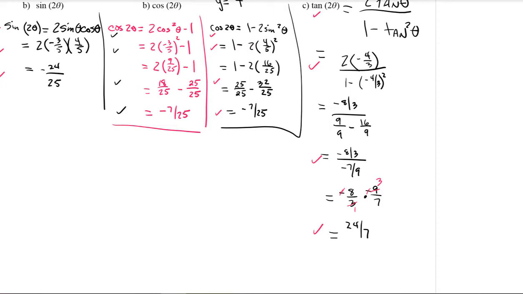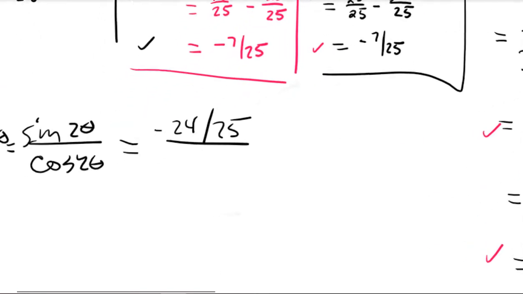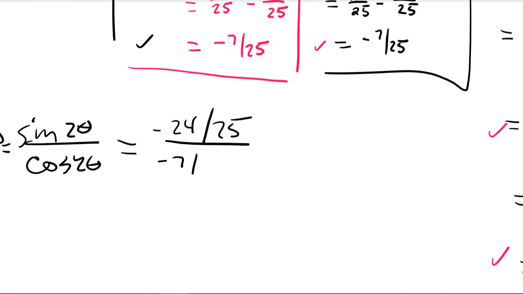Now, remember, as a way to check yourself, not the way I want you to do it, you could always take sine of 2 theta and divide that by cosine of 2 theta for tangent of 2 theta, right? Because that's a ratio that we can use. Sine of 2 theta was -24 over 25, and cosine, no matter which version we used, was -7 over 25.